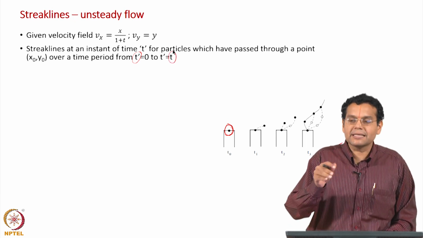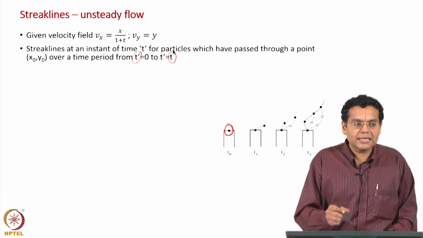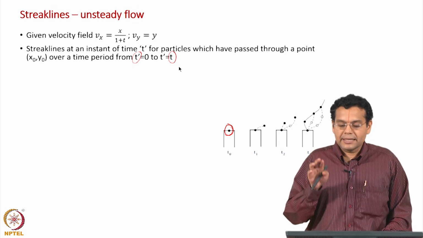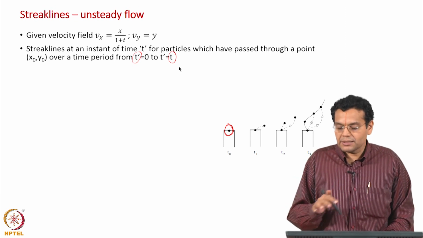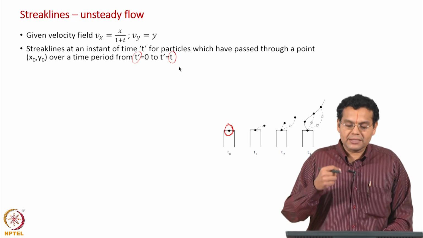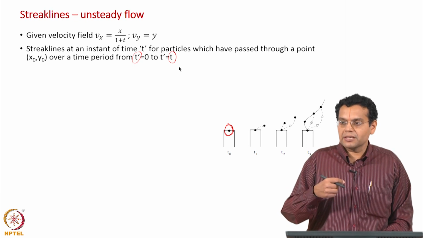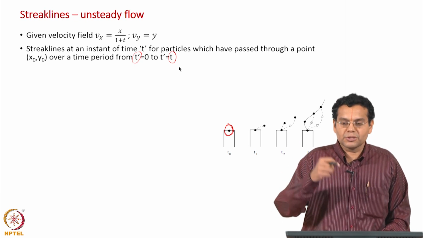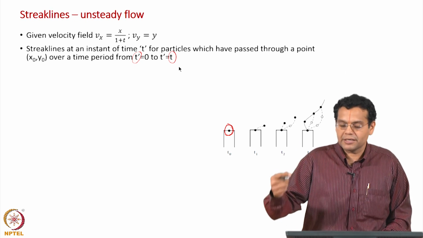What is t? t is the present time. The example which we are going to take, t is 2. We are going to plot the streak line at t equal to 2. So, we will have to consider particles which have entered from 0 to 2: 0, 0.5, 1, 1.5, 2.